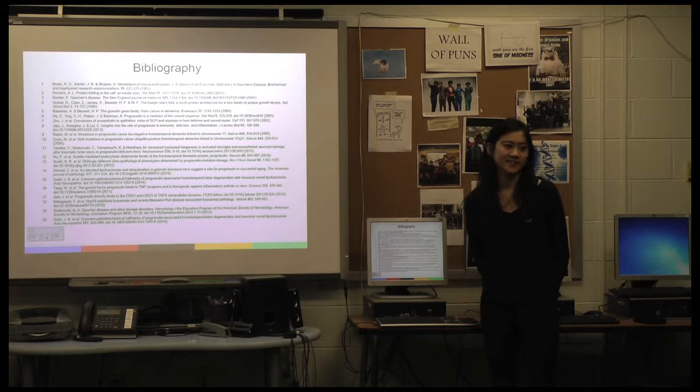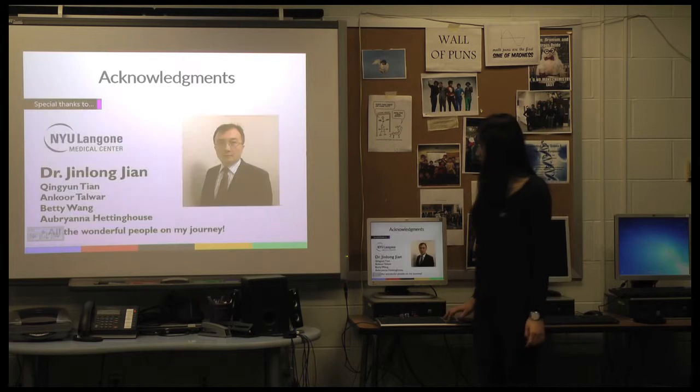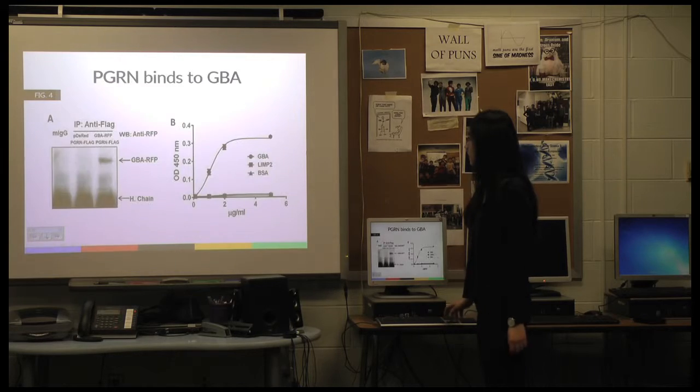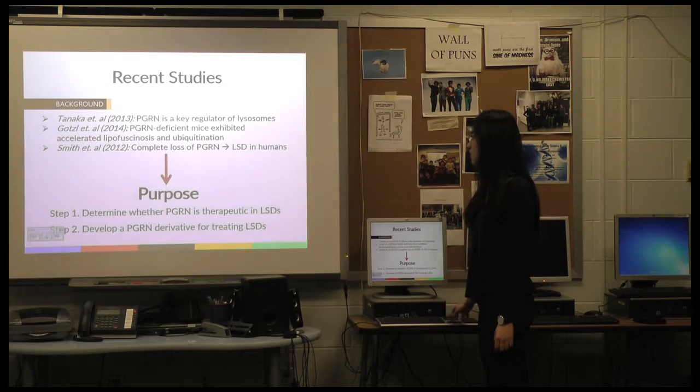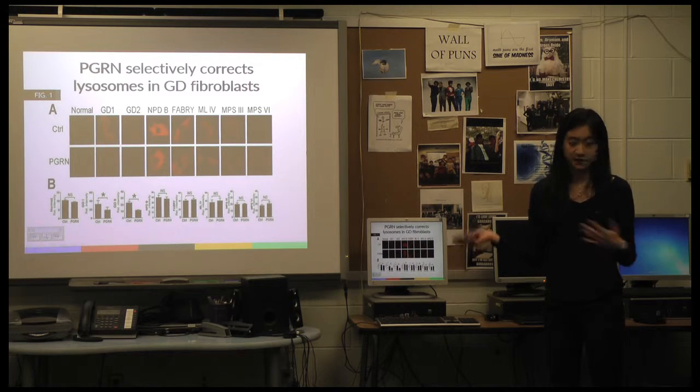Questions? So you did the 7 cells that you did the testing with, the staining, the first 2 were Gaucher. What were the other 5 for? So all 5 of these are lysosomal storage diseases. There are about hundreds of them that I've said.